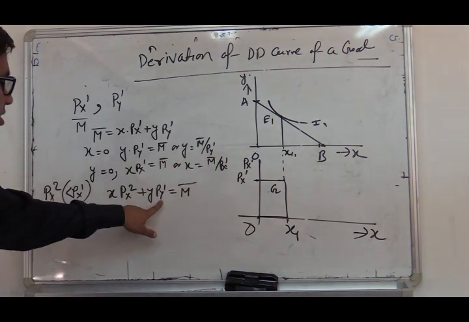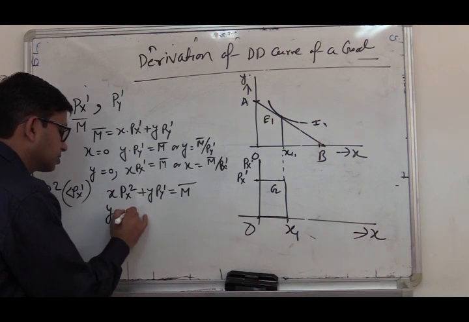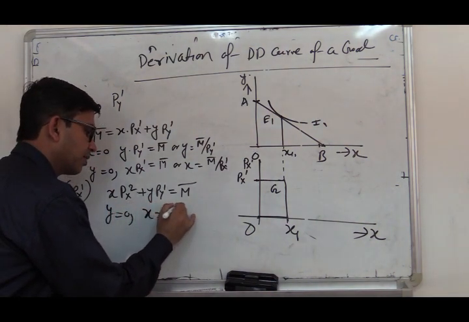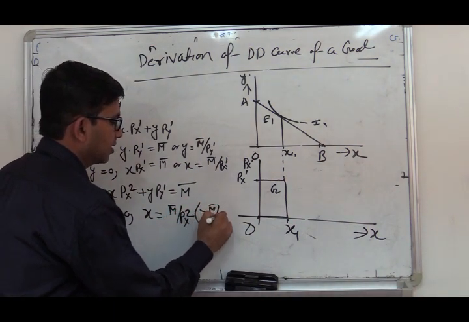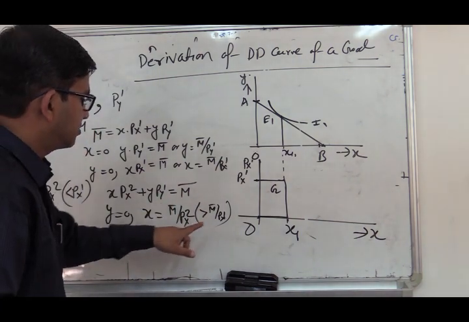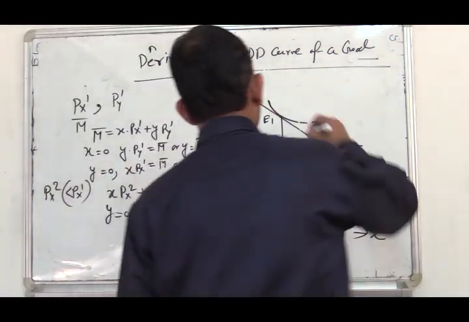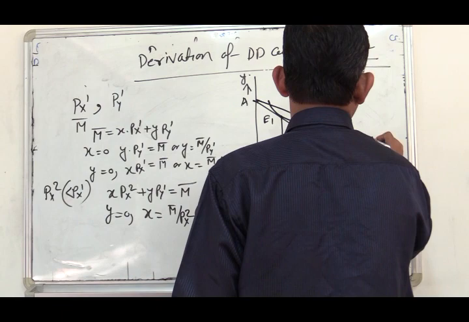So Py1 is unchanged, m bar is unchanged. But if Y equals 0 then x equals m bar by px2, which is greater than m bar by px1, because in both cases the numerator is the same but the denominator is less. So we will get the new budget line AB dash.